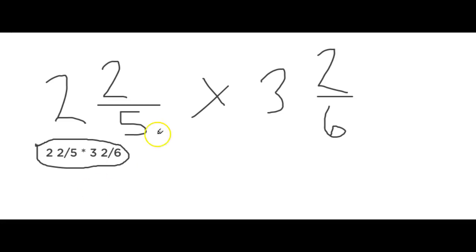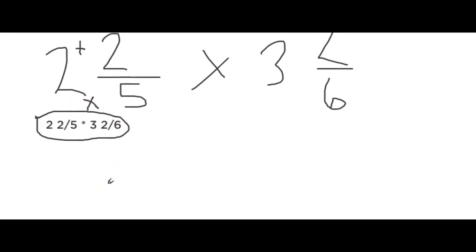What do we do? Okay, so we have to turn these mixed numbers into improper fractions. So just a reminder, how do you do that? Well, here you're going to multiply. Remember, this should be in your notes. And then we'll add here. So you'll have 2 times 5, which gives you 10, plus 2 gives you 12 over 5.